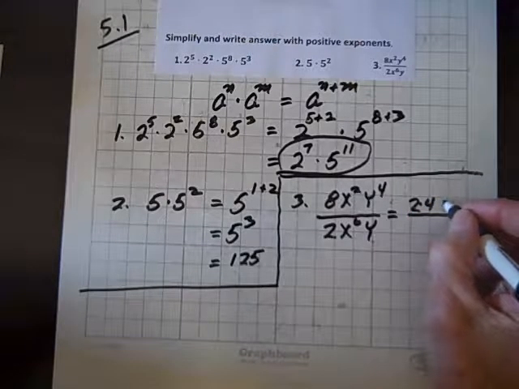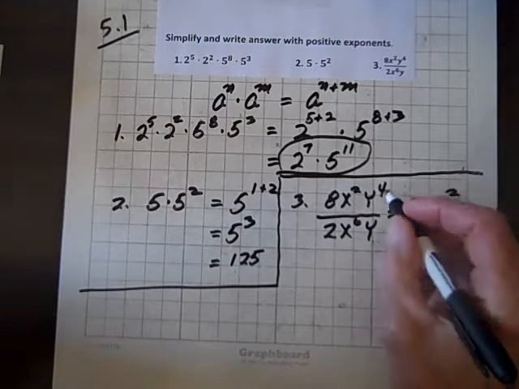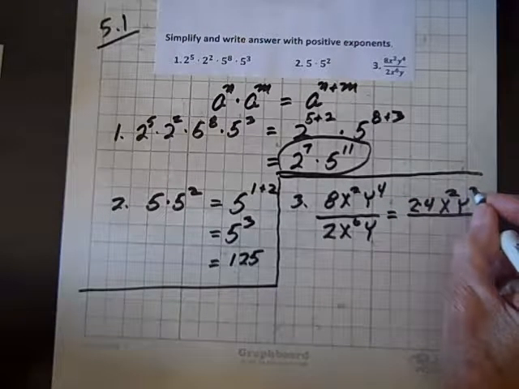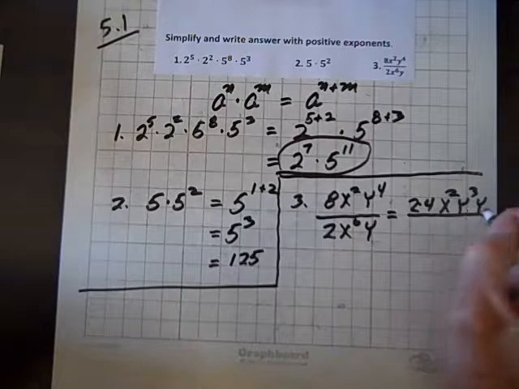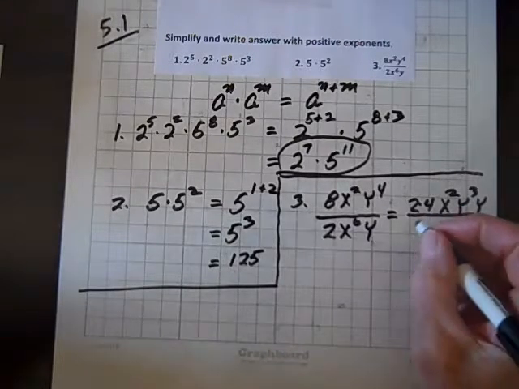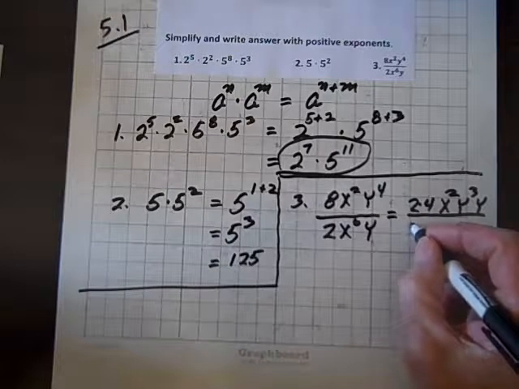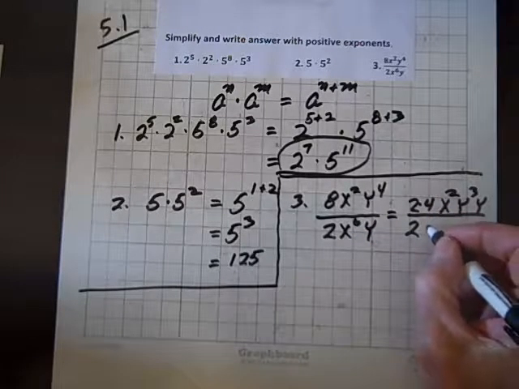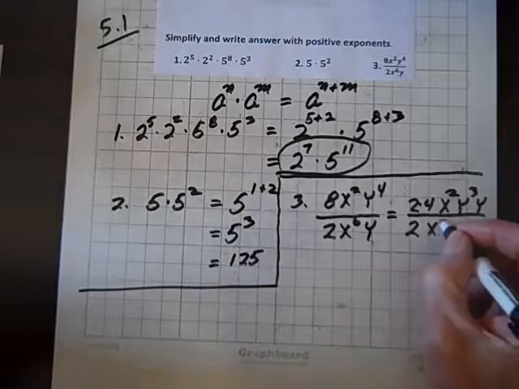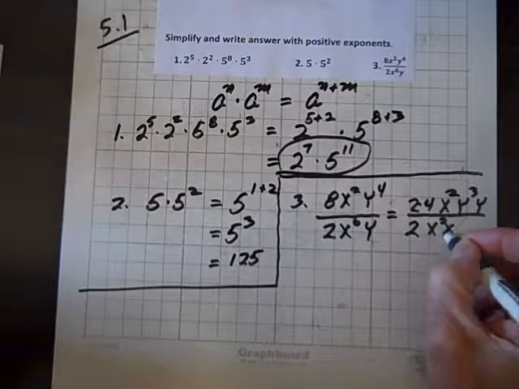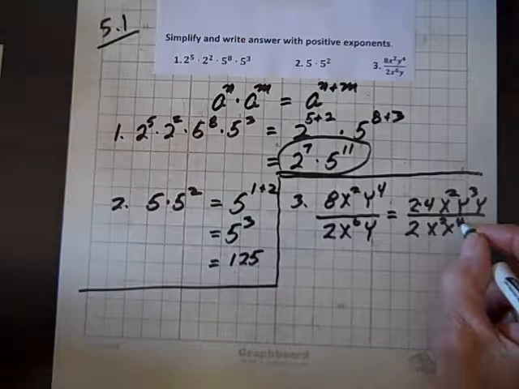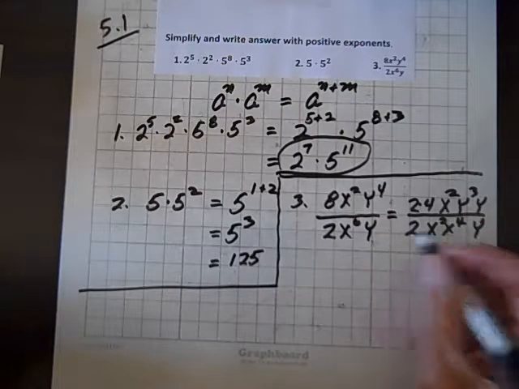And x squared and y to the 4th is the same as y cubed times y, and you'll see why I've done this momentarily. Now downstairs we have a 2, and x to the 6th is x squared times x to the 4th, and there's our final factor of y.